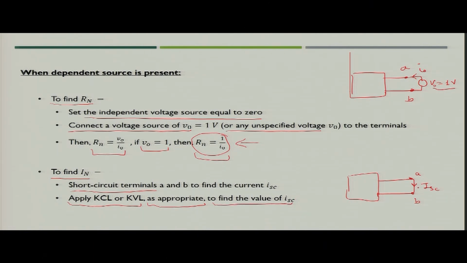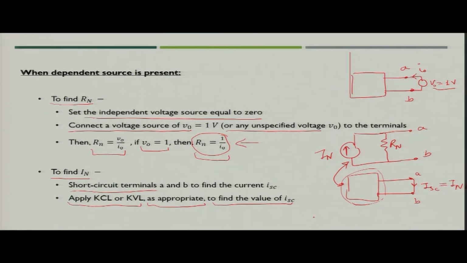This short circuit current will be nothing but the Norton's current, and the final circuit you will get would be the current source I n, in parallel with the Norton's resistance R n, across A B. So, you will simply replace the unknown linear two terminal network with the Norton's equivalent.